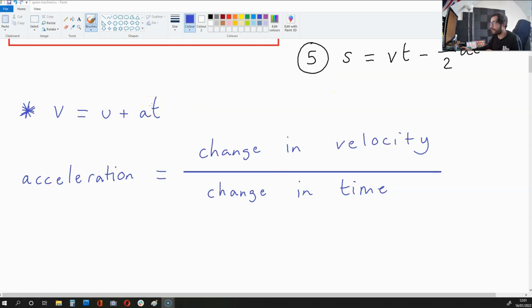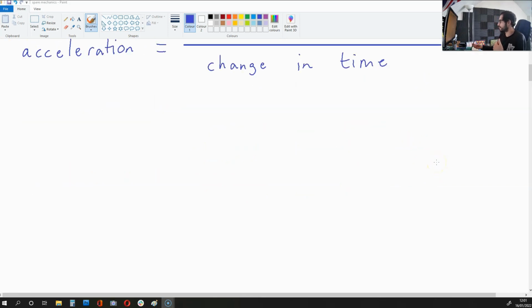Now let's start off by deriving the first equation, that is, V is equal to U plus AT. Acceleration is change in velocity over change in time. Okay?